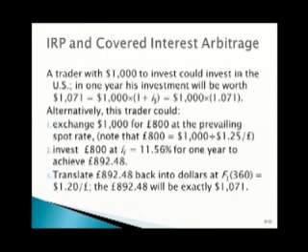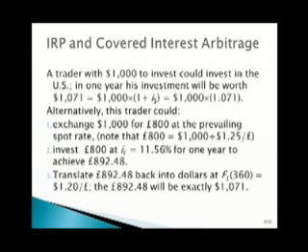We could then invest the 800 pounds at the British rate of 11.56% for 1 year, and we would end up with 892.48 pounds. We then translate those 892.48 pounds back into U.S. dollars using the forward rate.